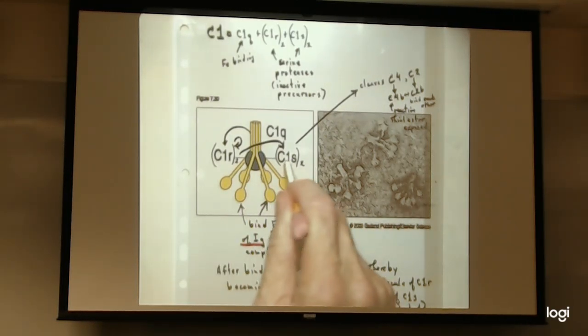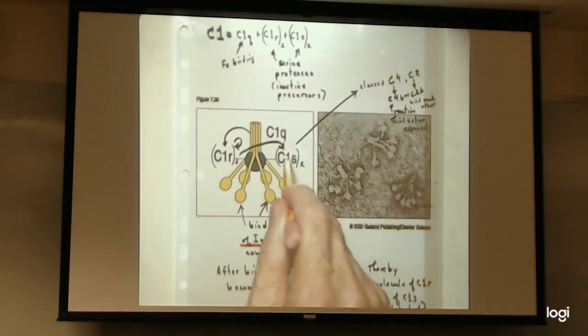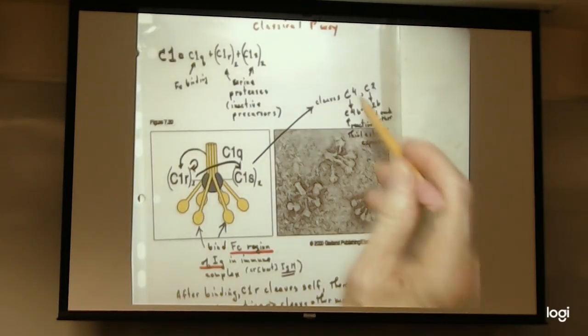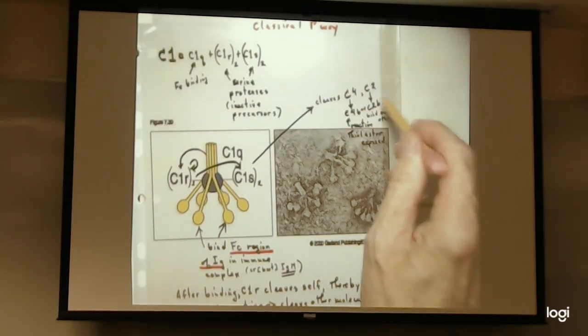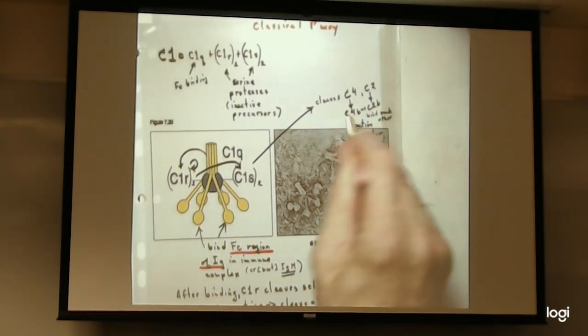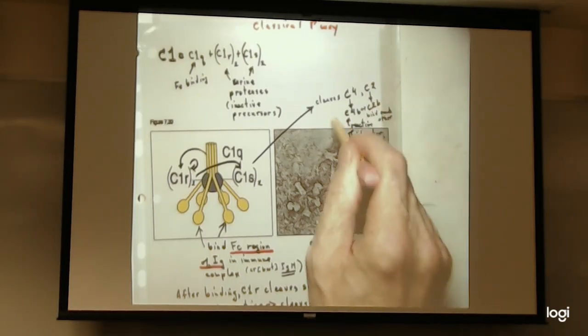And then the S components start the next step in the pathway. The C1S things are a protease, and they cleave circulating C4 protein and circulating C2 protein, and form the C4b big piece and C2b big piece. Okay.